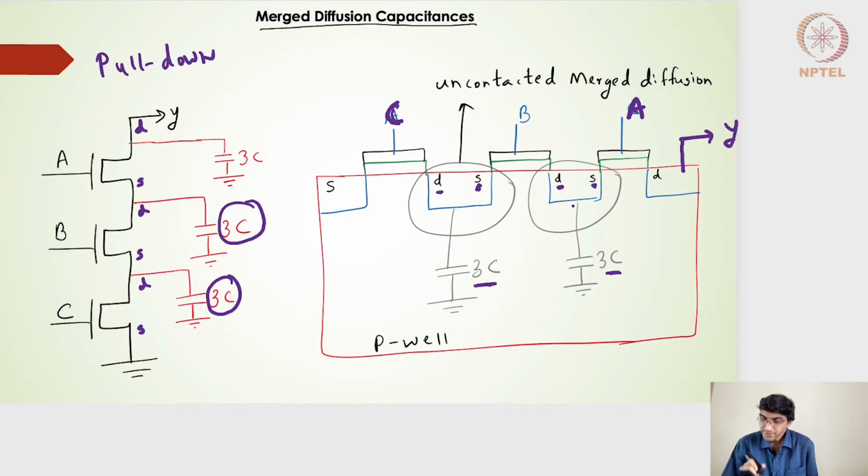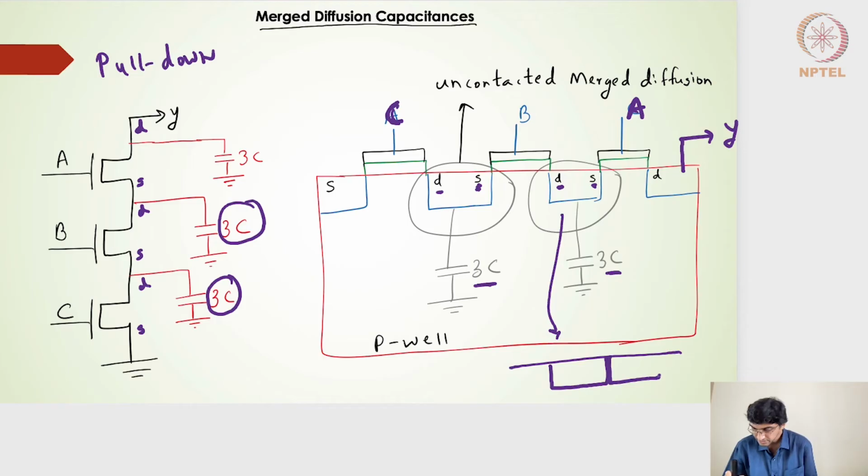So if I were to draw two diffusions for the B transistor, two separate diffusions here, this is for the B transistor, and this is for the A transistor. The width will be 3, and the overall footprint is going to increase because now I have two diffusions.